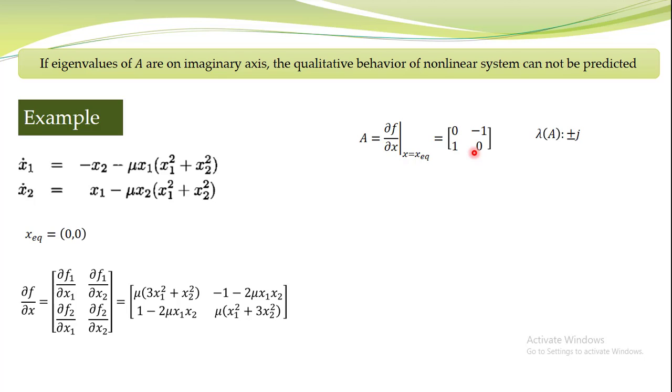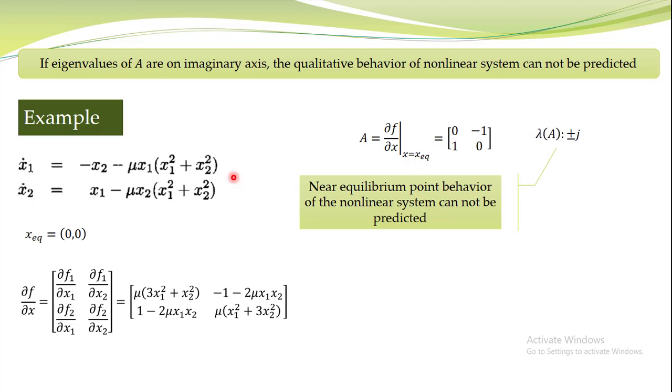Eigenvalues of this matrix are purely imaginary, and hence we are not able to describe the qualitative behavior of this nonlinear system near the equilibrium point utilizing the Jacobian linearization approach.